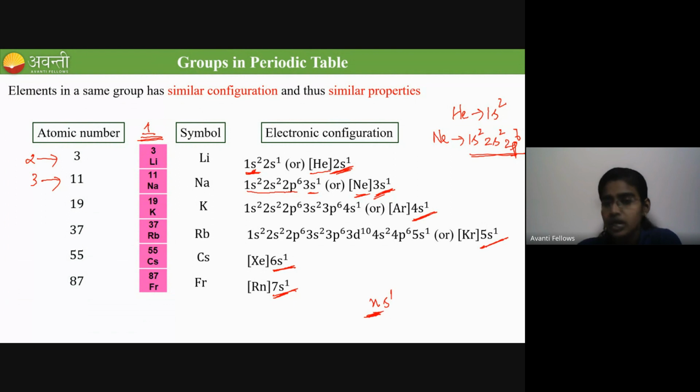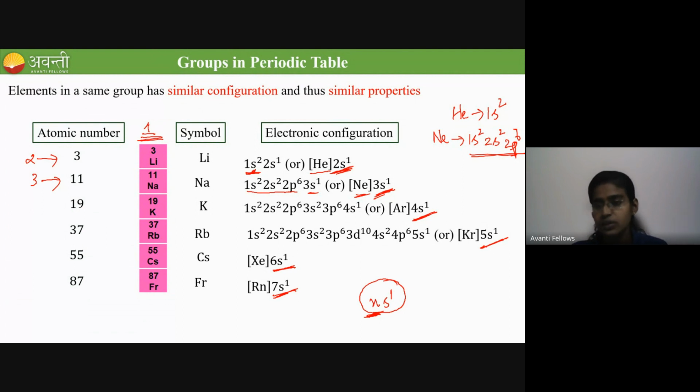So what I have done, I have given the general outer electronic configuration to define these first group elements, and that is ns1. Okay, so since they are having the similar electronic configuration, they will behave in a similar manner. Their reactions will be similar. They can donate only one electron, which is there in that s orbital.